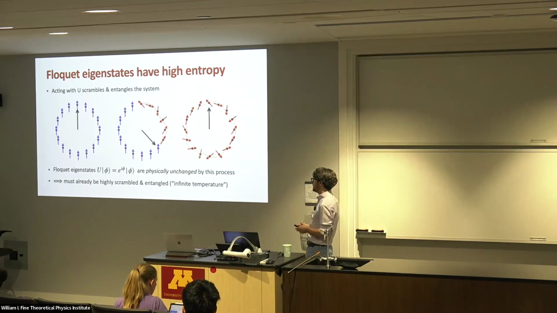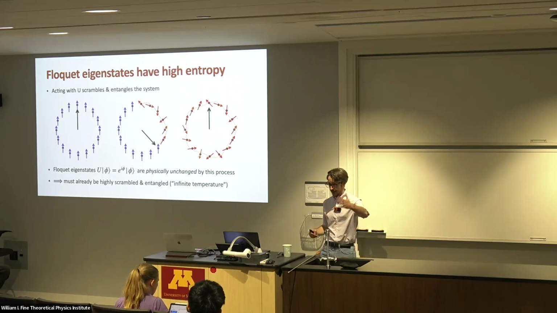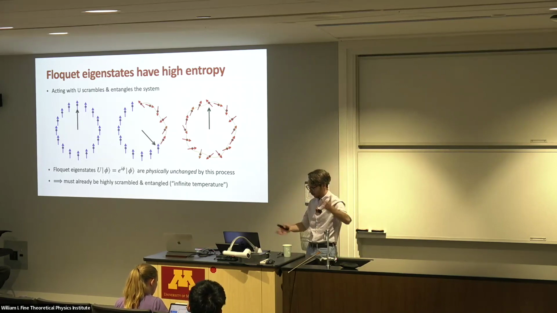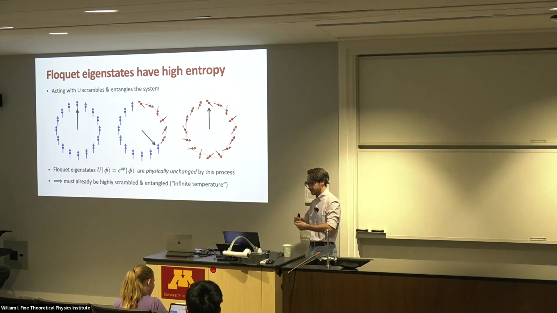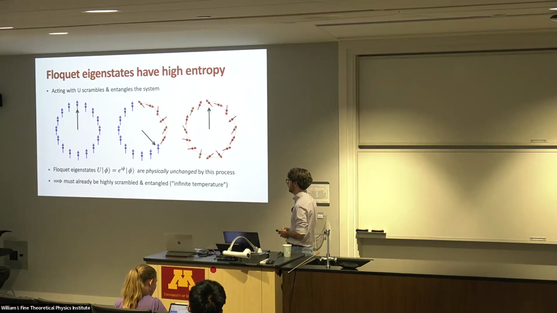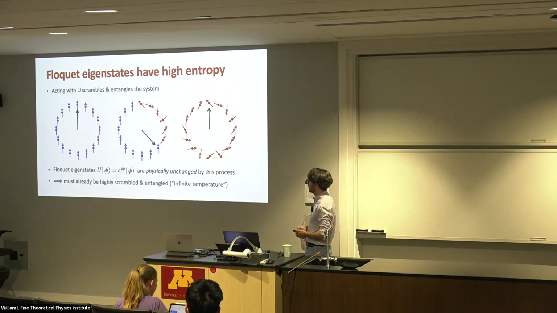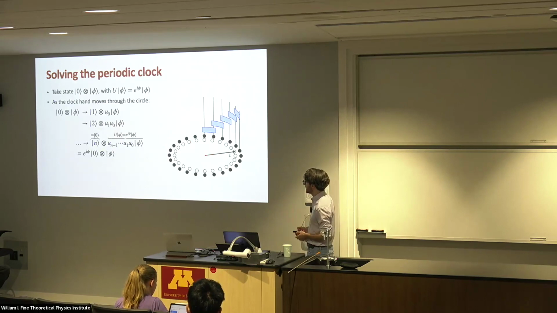This means that Floquet eigenstates are basically all at infinite temperature. Unlike Hamiltonian eigenstates, which can have low energy, high energy, different quantitative behaviors, the eigenstates of these periodically driven systems are essentially typically at infinite temperature. So that's the property that ends up giving us high entanglement in our system.